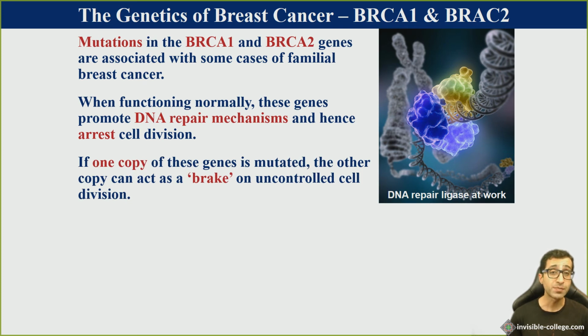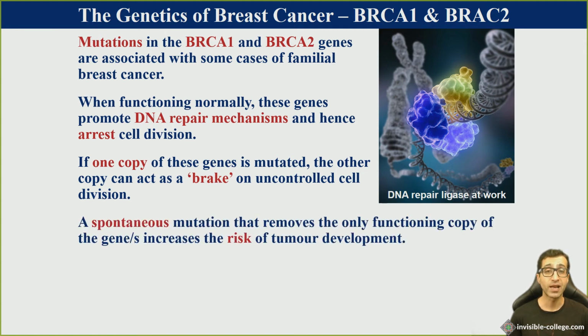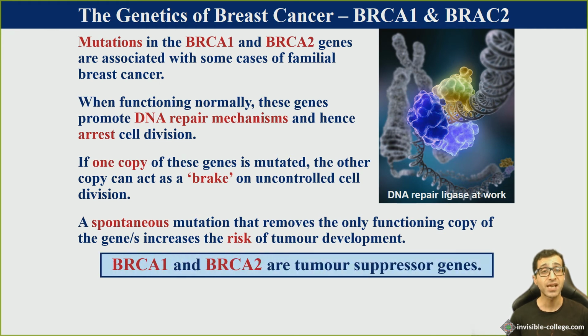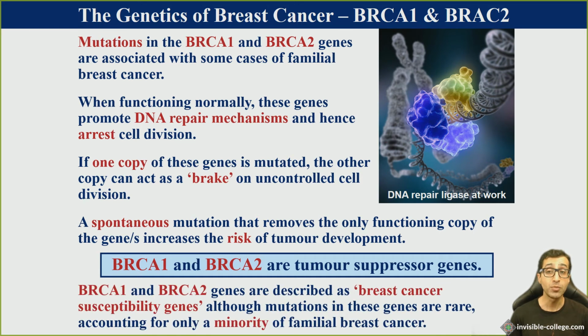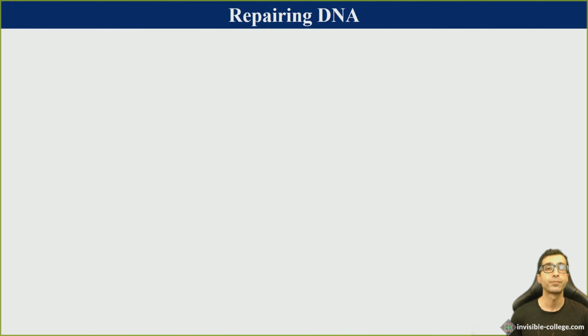So, a spontaneous mutation that removes the only functioning copy of the genes increases the risk of tumour development. So in this context, again, BRCA1 and BRCA2 can be described as tumour suppressor genes. So these genes are described as breast cancer susceptibility genes, although mutations in these genes are rare, only accounting for a minority of the familial breast cancers.